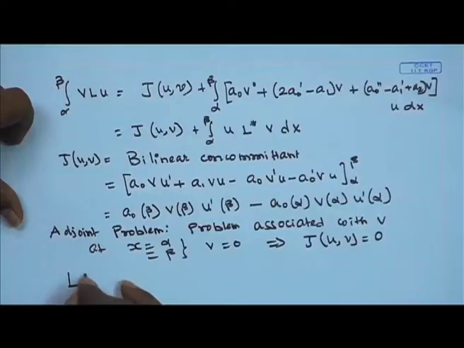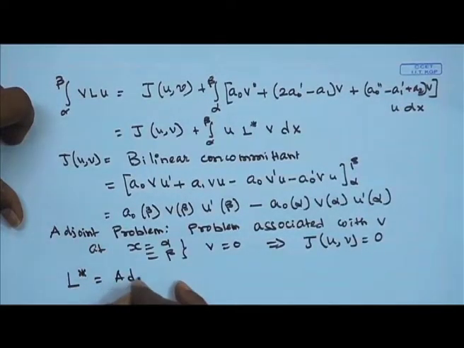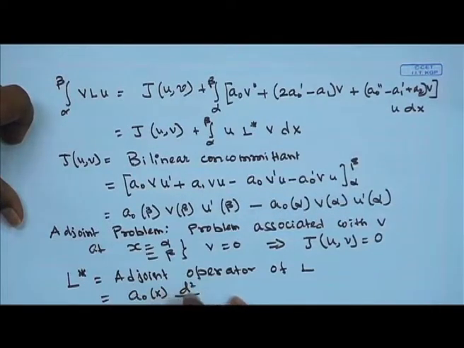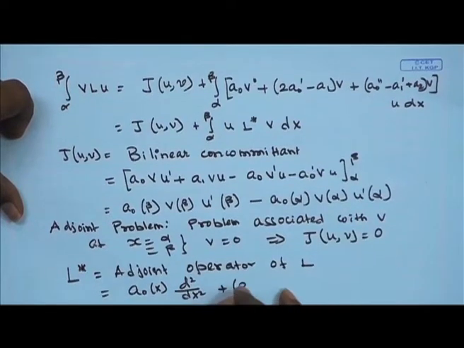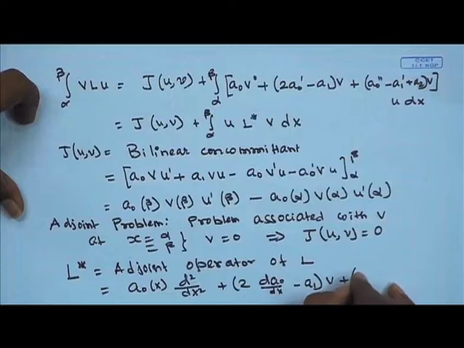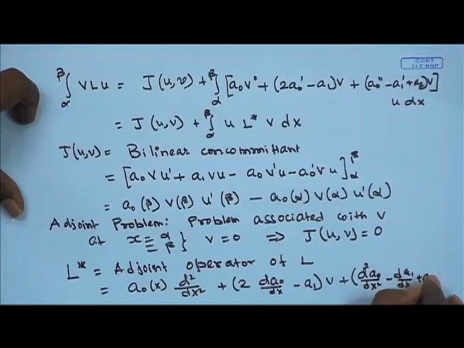So, what is L star? L star is nothing but the adjoint operator of L. So, therefore, this L star is a0 d square dx square plus 2 da0/dx minus a1 times v plus d square a0/dx square minus da1/dx plus a2.